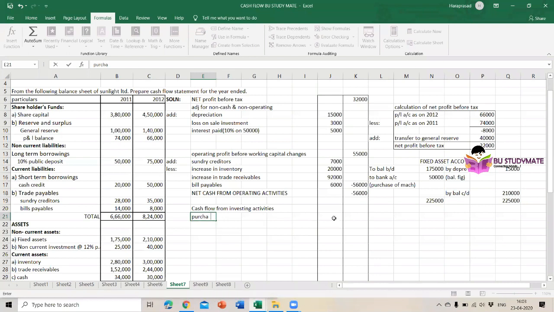How much? We are purchasing 50,000 rupees. It is given in the adjustment. Or you can see this ledger account. You can come to know we have purchased the machine.